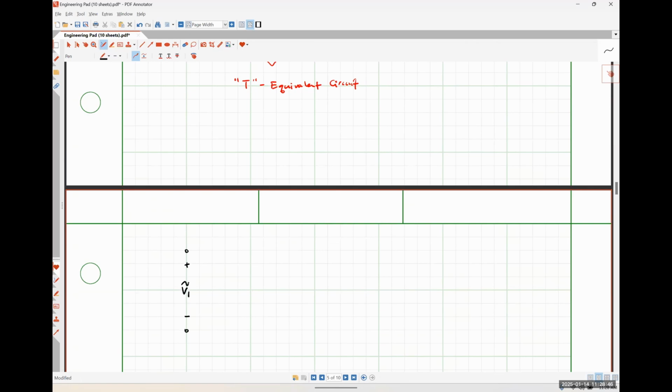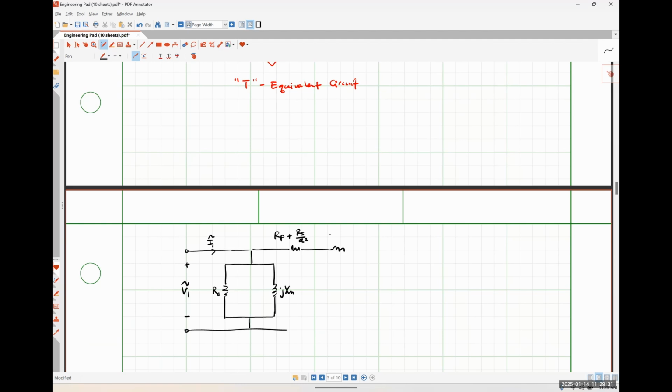So here's V1. Here's I1. I'm going to draw my parallel or shunt components here. So here's RC, jXM, and then here's a resistance that is RP plus RS over A squared.